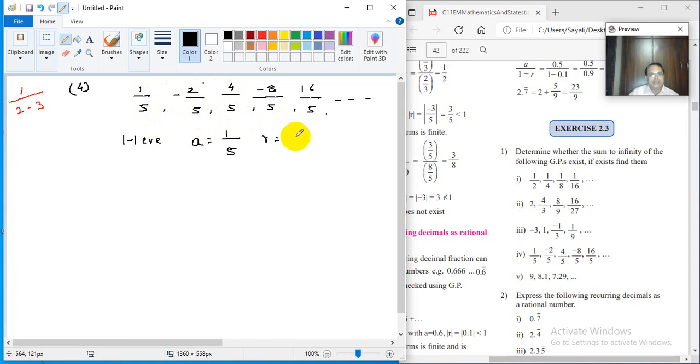So R is -2 here. mod R जर मी घेतलं तर ते mod of -2 and it is greater than 1. mod -2 म्हणजेच 2 आहे ना, it is greater than 1. जर जॉमेट्रिक प्रोग्रेशनचा कॉमन रेशो जर ग्रेटर दॅन 1 असेल तर आपला रूल काय आहे, S infinity does not exist, राईट. As mod R is greater than 1, S infinity approaches infinity.